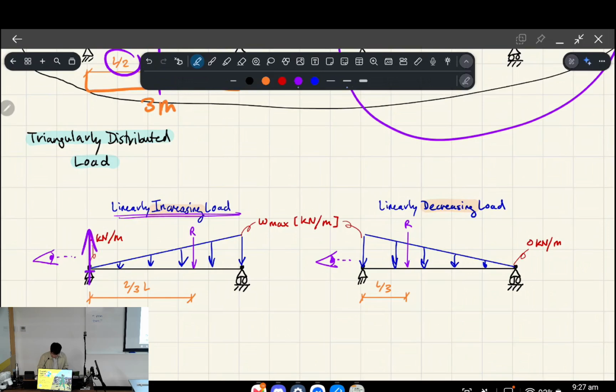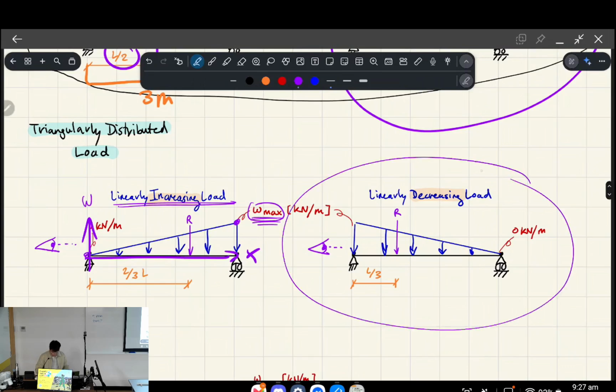If I was to draw this like an XY plane, on the y-axis you're at W equals 0. The W is equal to 0, and then it increases. It's got an increasing slope up until you reach W max, which is the peak of the triangle's magnitude.